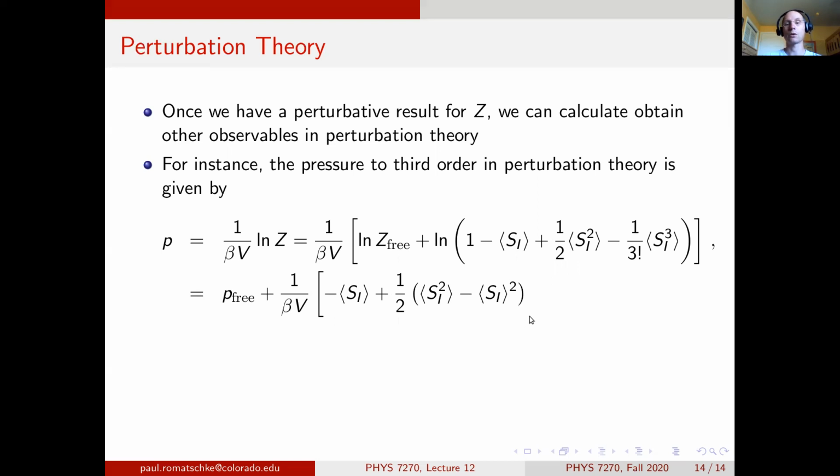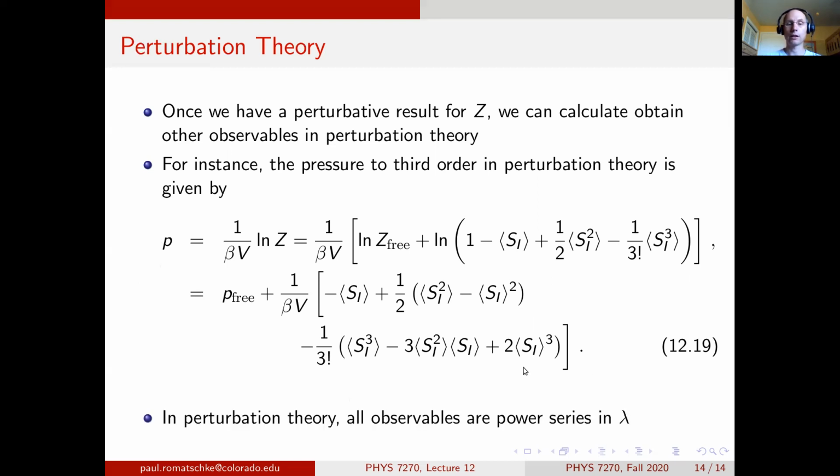Then we have a correction term to second order, and we have a correction term to third order. This means that the expansion for the partition function to third order in perturbation theory gives rise to perturbation theory for the pressure to third order, and by construction, this result for the pressure is also a power series in lambda.